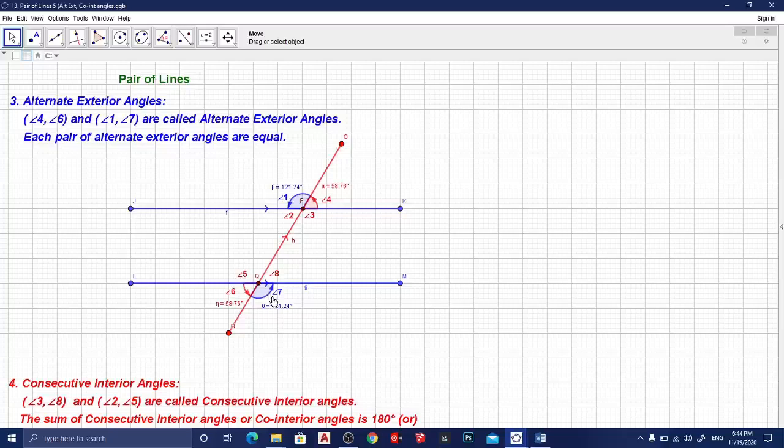Okay, they will exist opposite to the transversal line, and also they will exist in the exterior region of the parallel lines. Okay, now what are the angles existing like that?